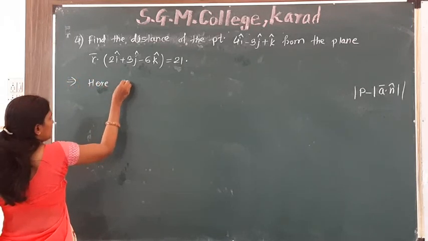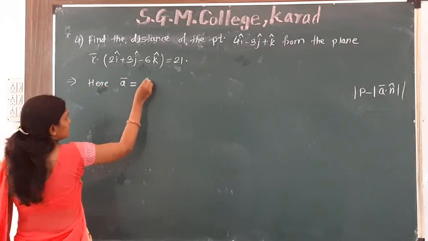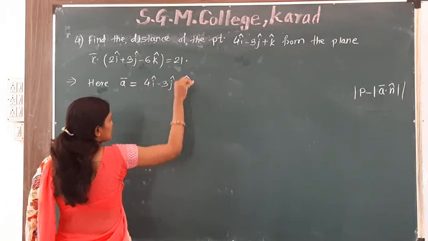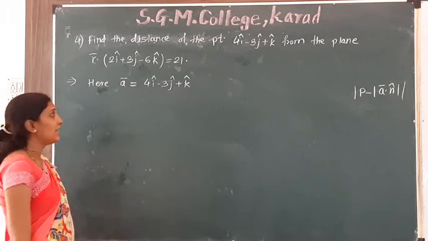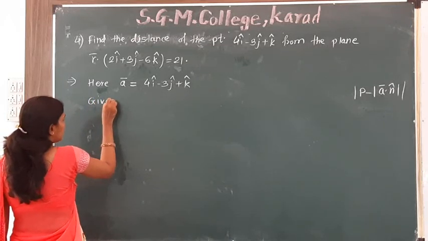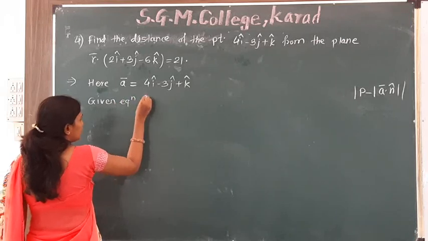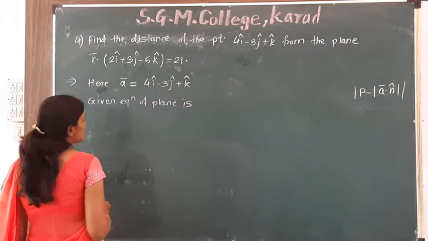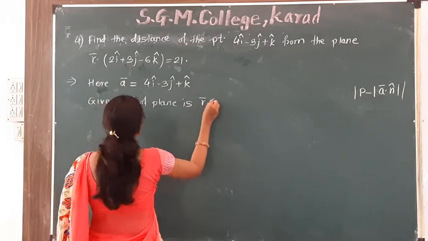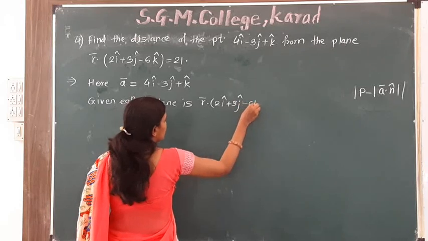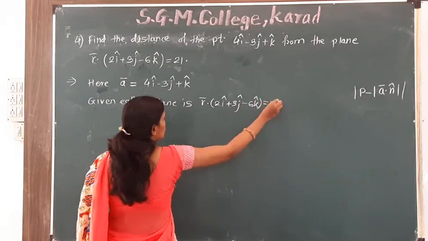Here, a bar is equal to 4i cap minus 3j cap plus k cap. And the given equation of plane is r bar dot 2i cap plus 3j cap minus 6k cap is equal to 21.